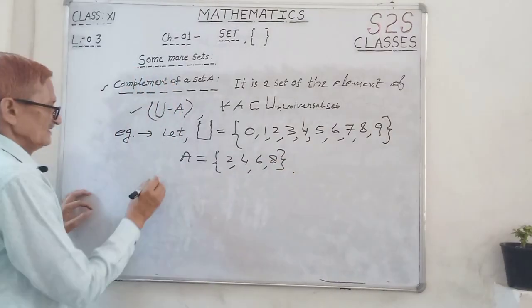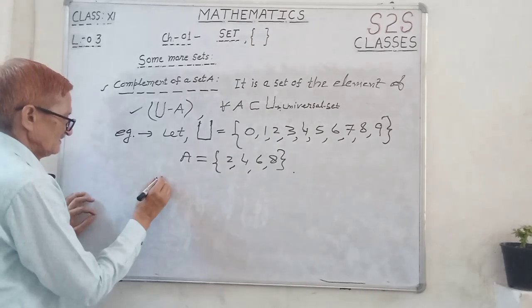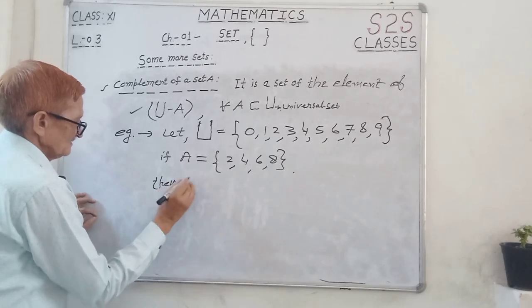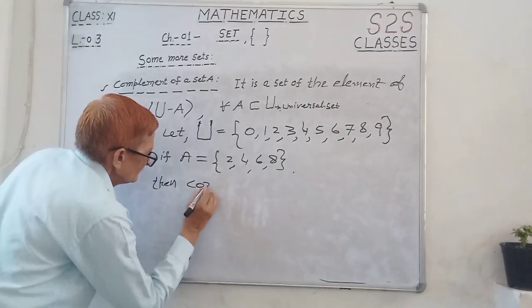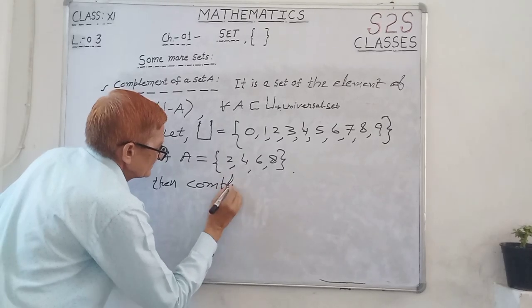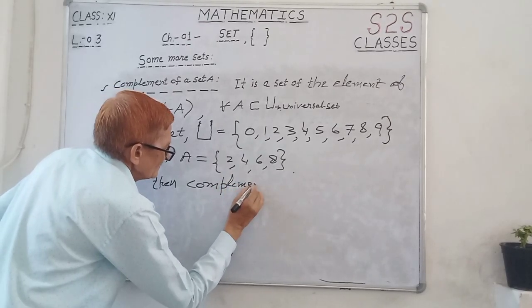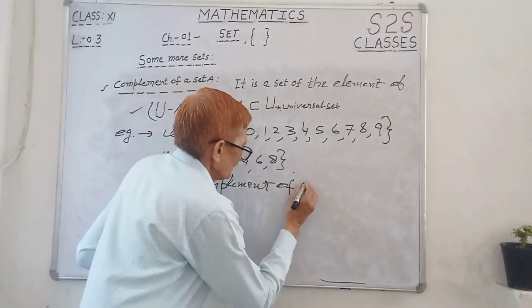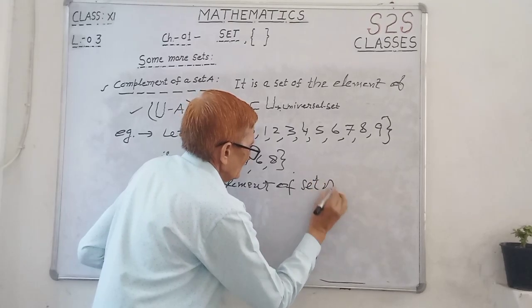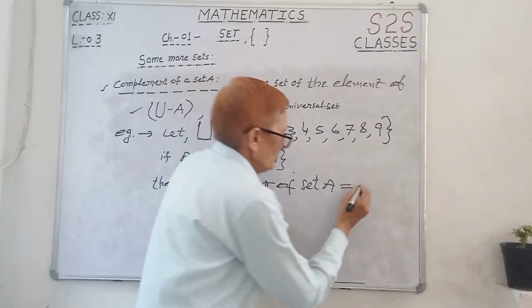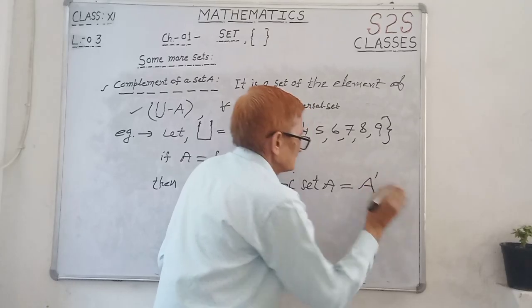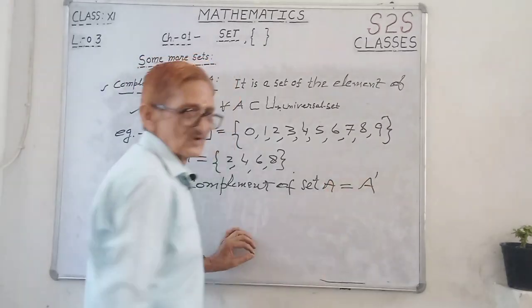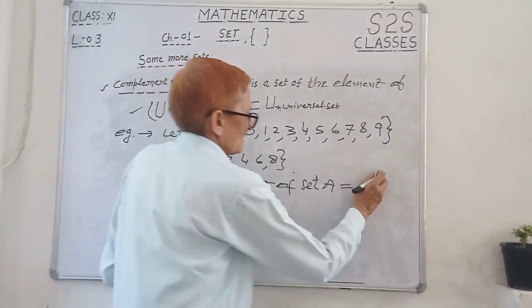Then the complement of set A is written A dash, or A C with a small c, or A complement; the dash also means complement.